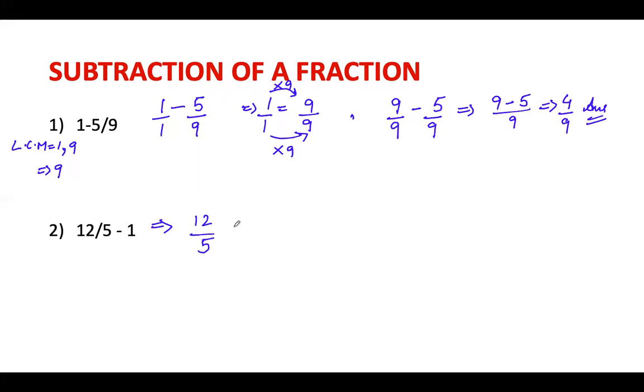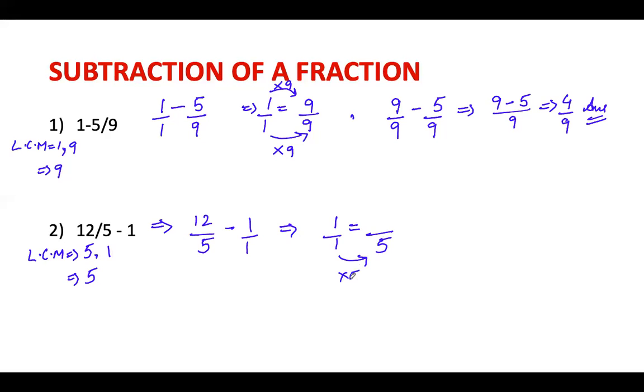Next, 12/5 subtract 1. So we write 1 as 1/1, right? We know that the LCM of 5 and 1 is 5, right? So we convert: how can we get 5 from 1?